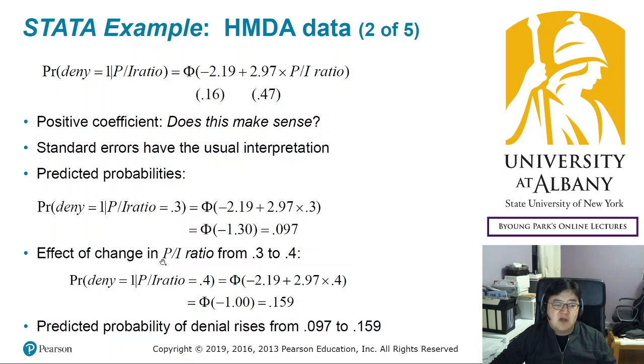So when PI ratio increases from 0.3 to 0.4, the predicted denial probability increased from 9.7 to 15.9%. This is how we interpret the results. And as I said, the z value increasing from minus 1.3 to minus 1 means nothing. The score does not exist in reality.